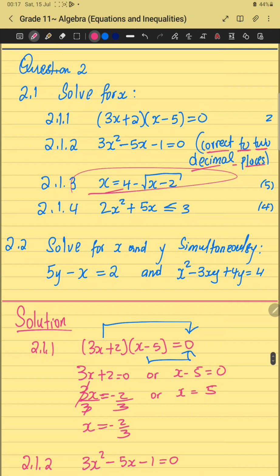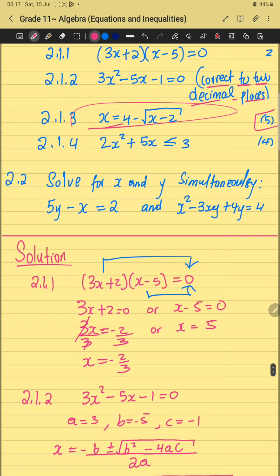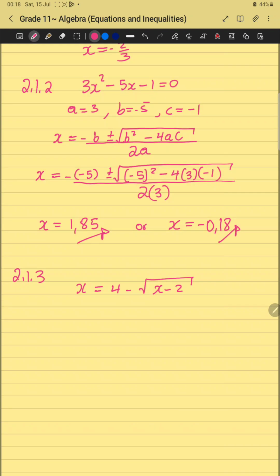The next one here is only for 5 marks, so let's just copy it down and then we work it. Remember, the sign of a term is the sign that is placed ahead of the coefficient. For example, the sign of x there is positive, and the sign of 4 is right over here.